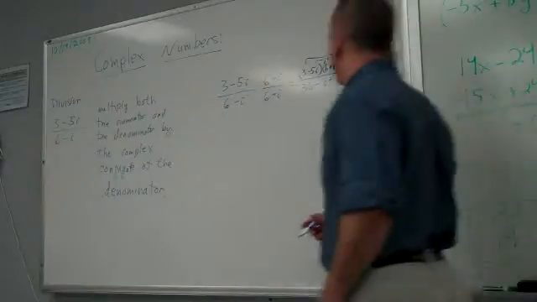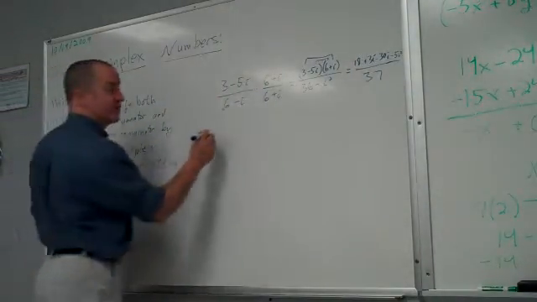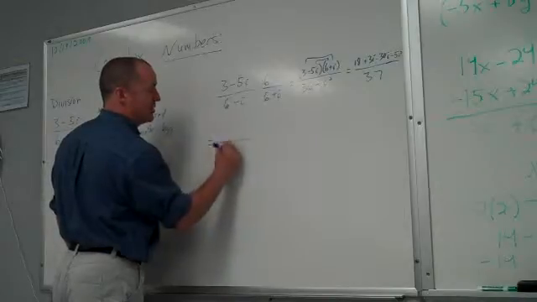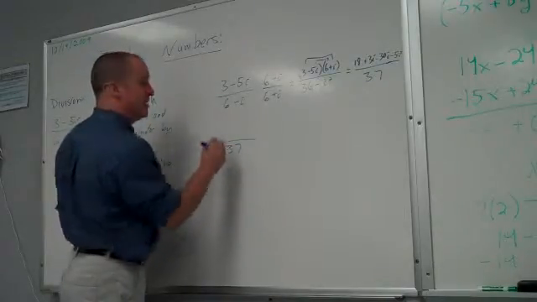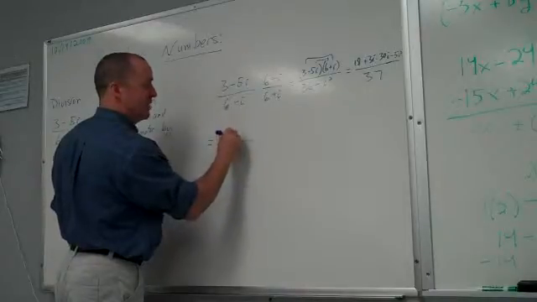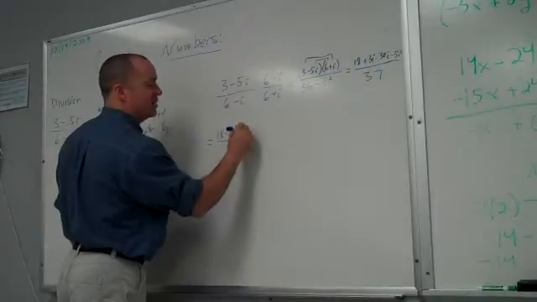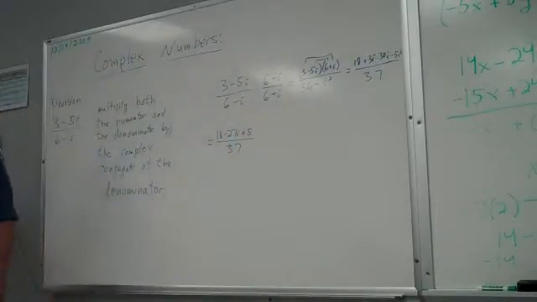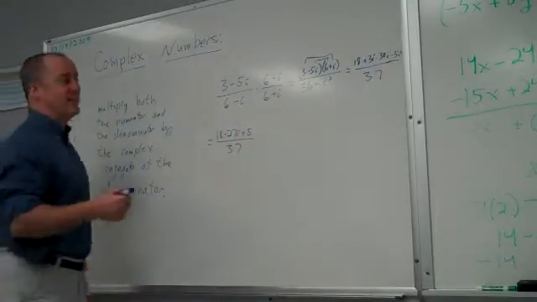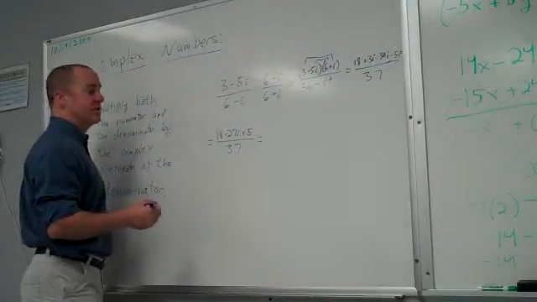This is correct. So, over 37, nice prime number there, we get 18 minus 27i, plus 5, minus 5i squared, which I'm going to go ahead and change to plus 5. i squared will be negative 1. That'll change the operation to addition.